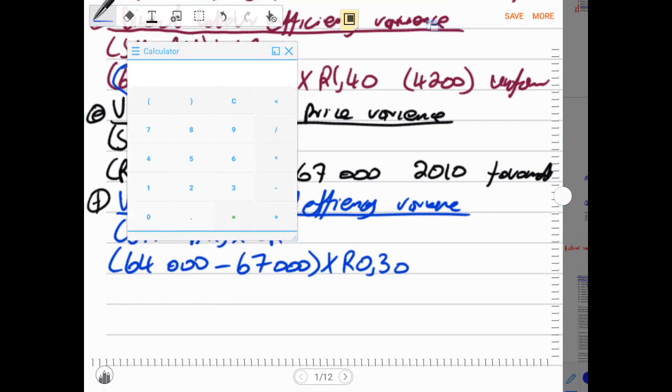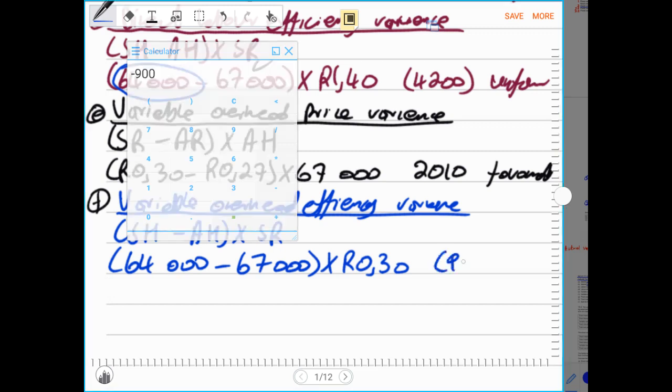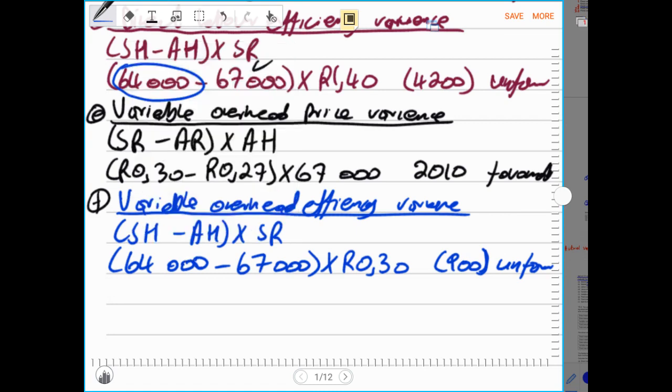Therefore, standard hours 64,000 minus actual hours 67,000 times 30 cents. This will give us 900 as unfavorable variance, or they sometimes call it adverse variance. At 30th level, they will speak of that language called adverse variance.